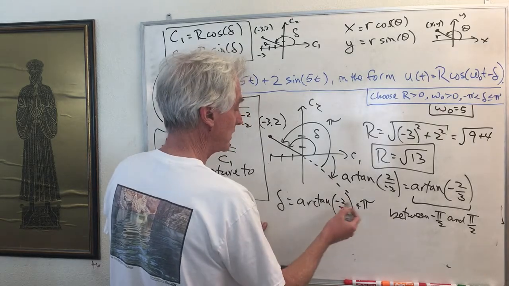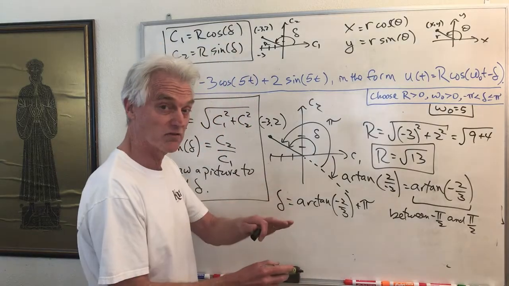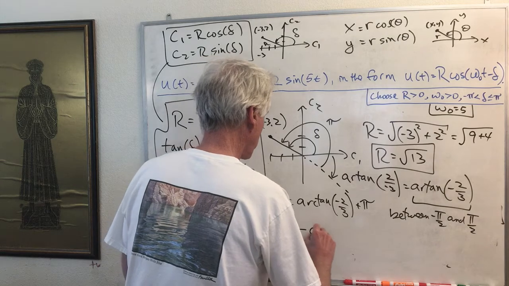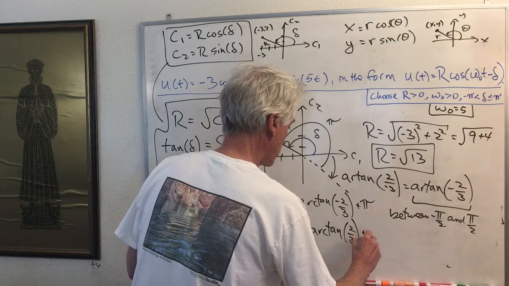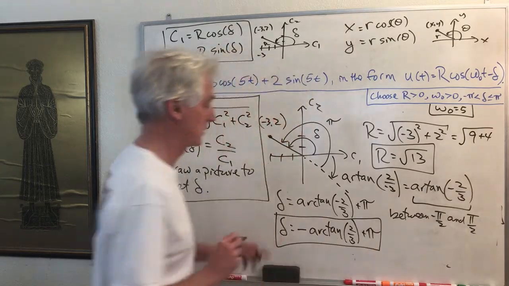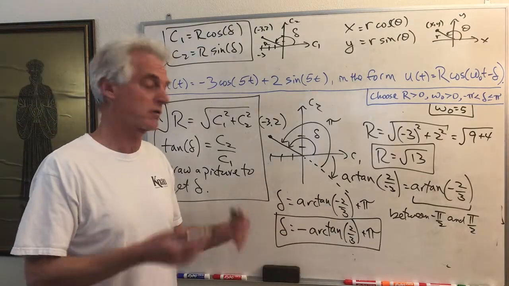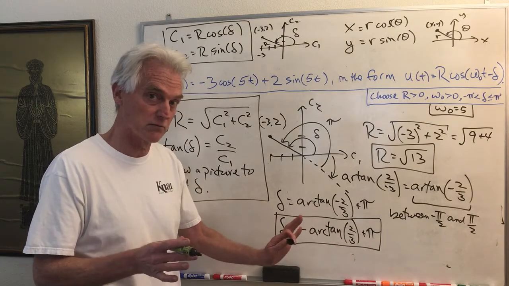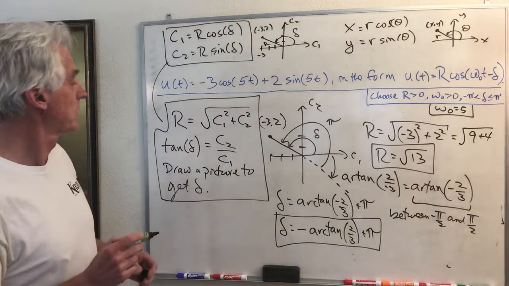Or I can leave it like that, or I can also realize that arctangent is an odd function, so this is actually equal to negative arctangent of 2/3 plus pi. And I can put either one of those, say, in the WebWork. So I can actually do that in WebWork, writing out ARCTAN, or do this on the calculator, make sure I'm in radian mode, and then plug that decimal in with 4 decimal places.